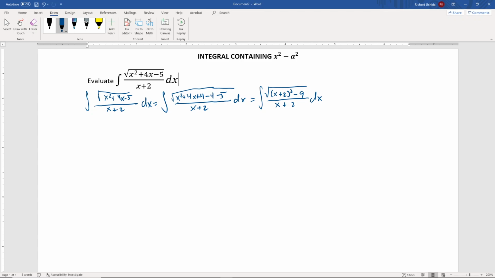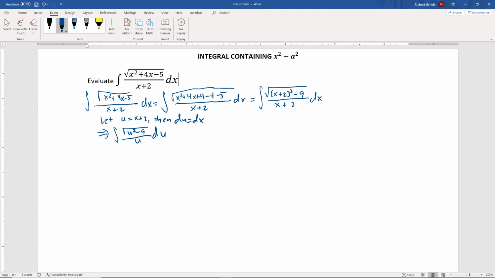Now what we're going to do is a substitution and let u equal x plus 2, then du would be dx. So when we do our substitution, we'd have the integral of the square root of u squared minus 9 all over u du.